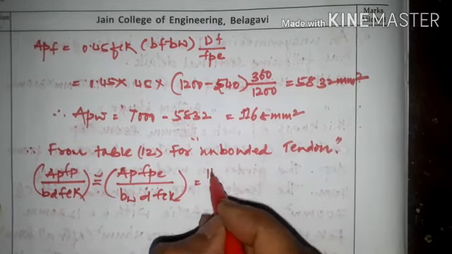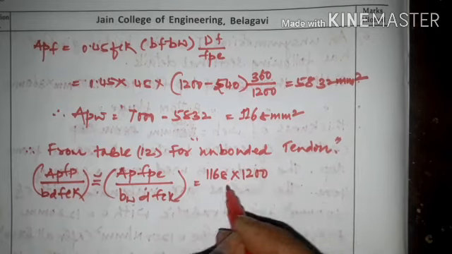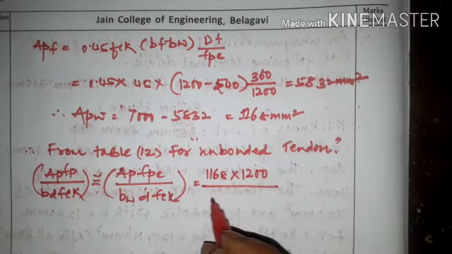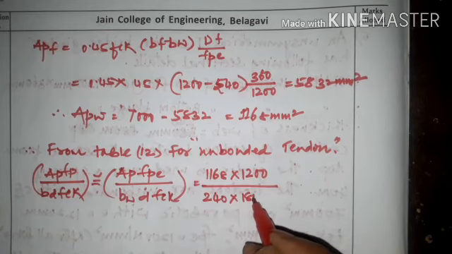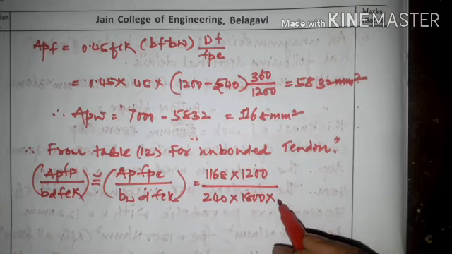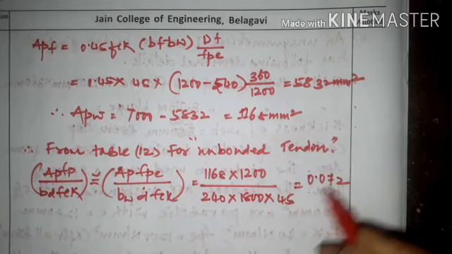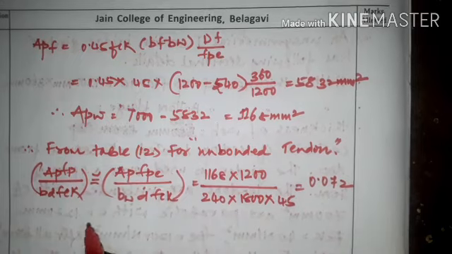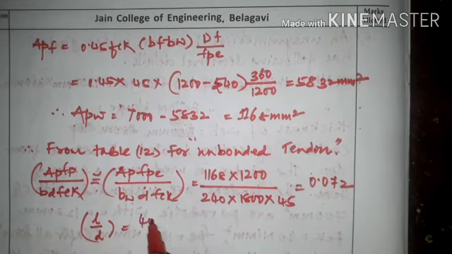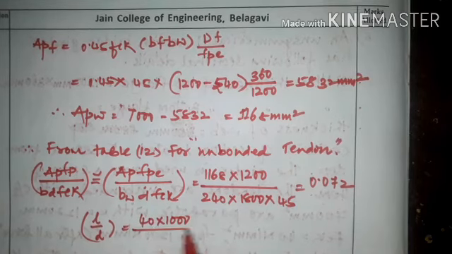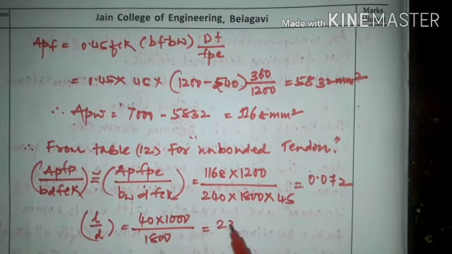APW is 1168 into FP is 1200 divided by BW is 240 into 1800 into FCK is 45. We get 0.072. And the L by D ratio is L is 40 into 10⁻³ divided by D is 1800, that is 22.22.